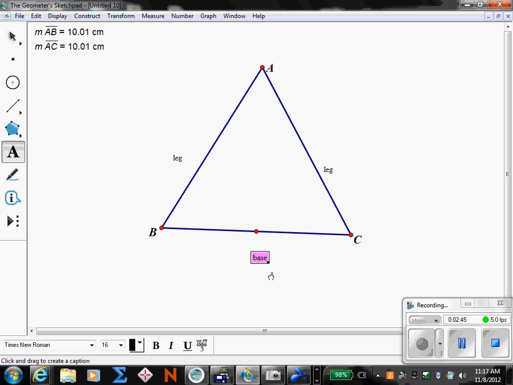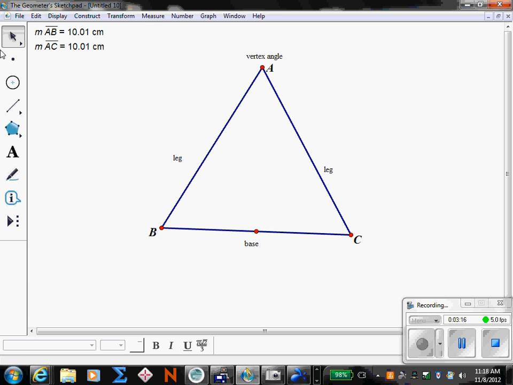So the angle across from the base, remember our base angles are congruent. We could mark them that way. But my vertex letter A is the vertex angle. Okay, so there's our isosceles triangle.